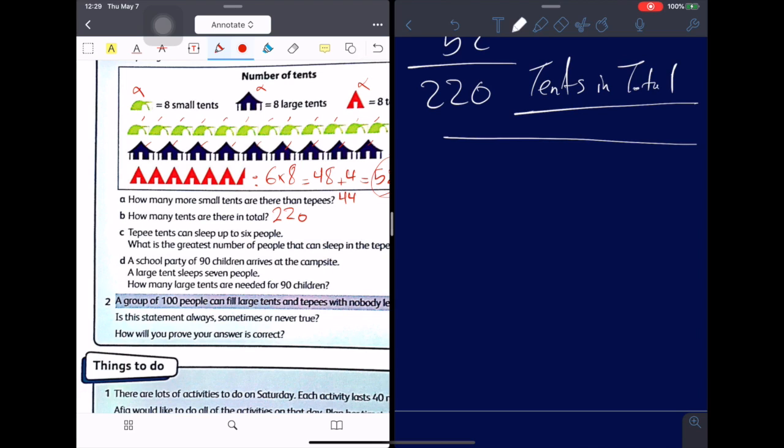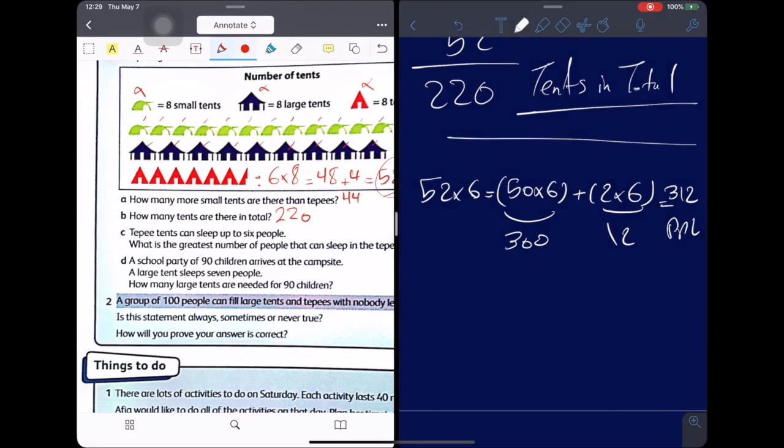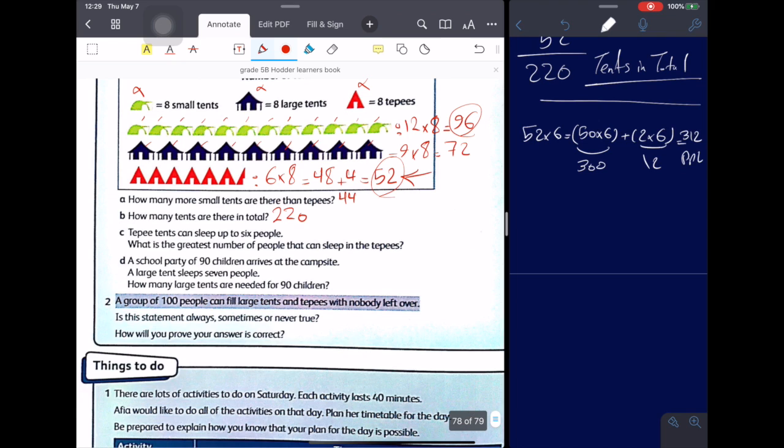It's going to be 52 times 6, which is 50 times 6 plus 2 times 6. Now 50 times 6 is 300, 2 times 6 is 12. It's going to be 312 people.